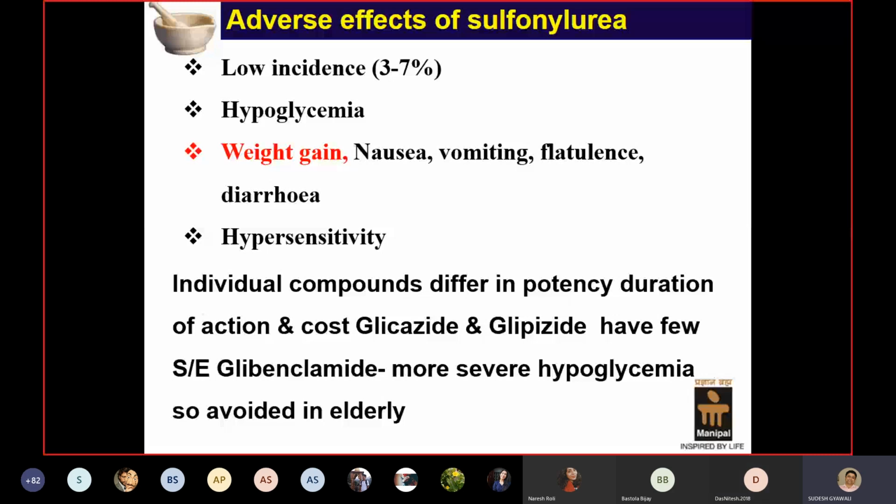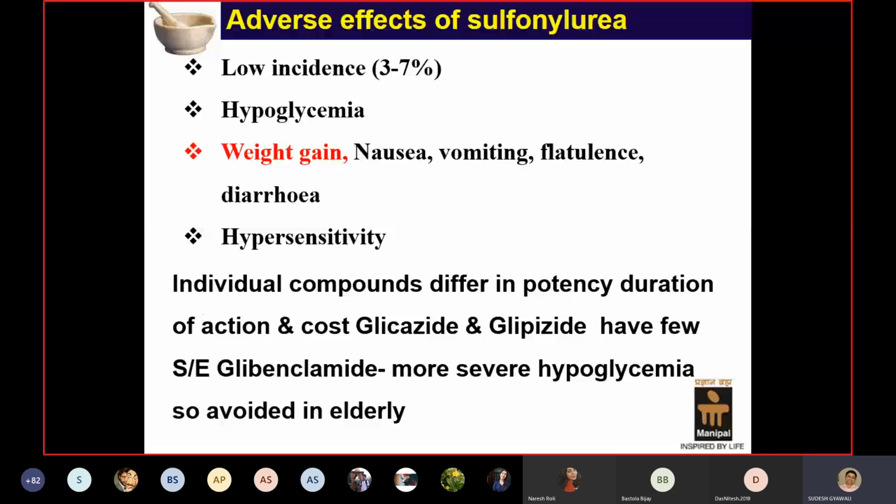So in potency they differ, but that is not very clinically important. And the cost. Potency, duration of action, and cost are the three differentiating factors among the sulfonylureas. Otherwise, sulfonylureas are all the same.